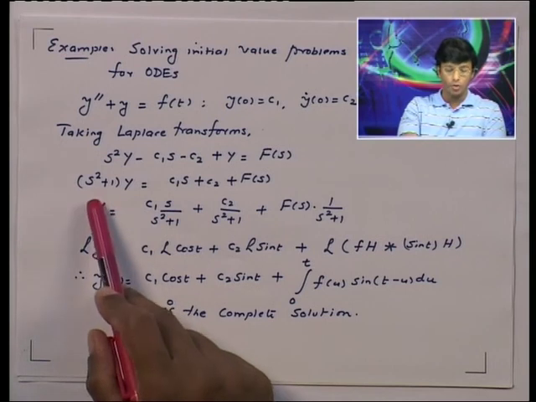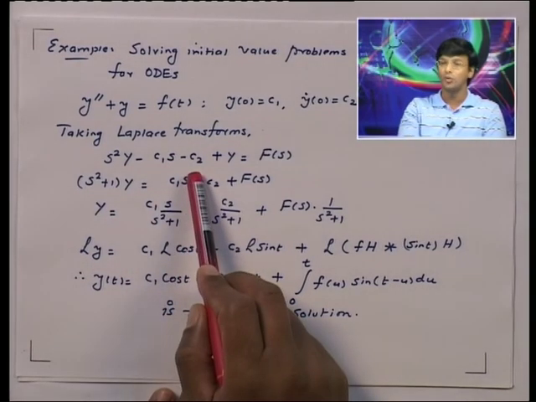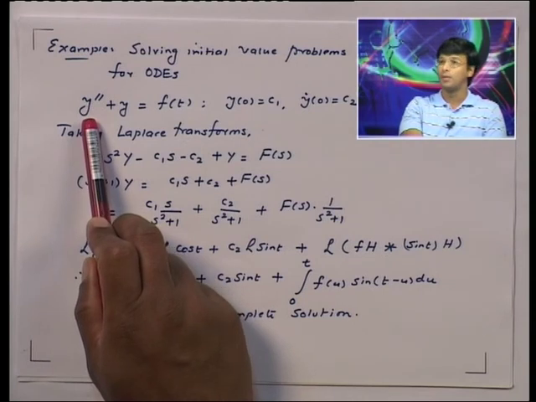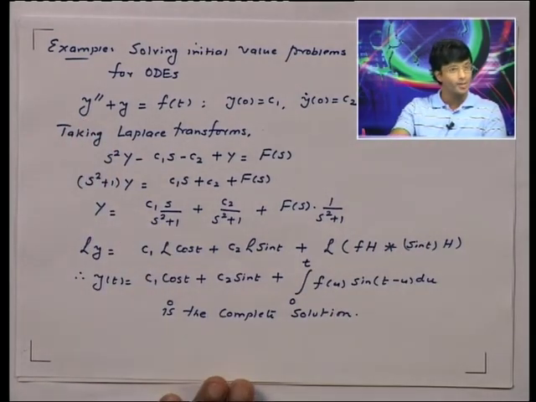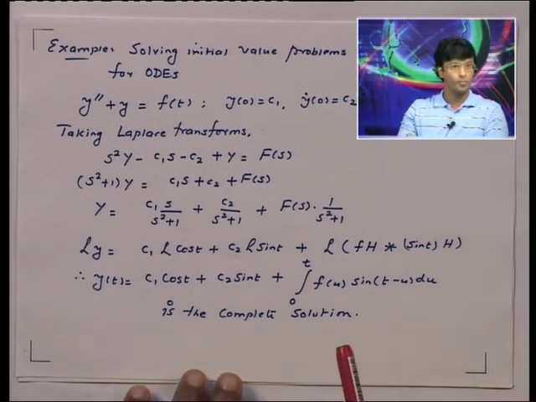What do you get? (s squared plus 1) capital Y as usual minus C1 s minus C2. Where do the C1 s and C2 come from? When you take the Laplace of y double prime, it is s squared times Laplace of y minus s y naught minus y prime of 0. That is where this comes from.